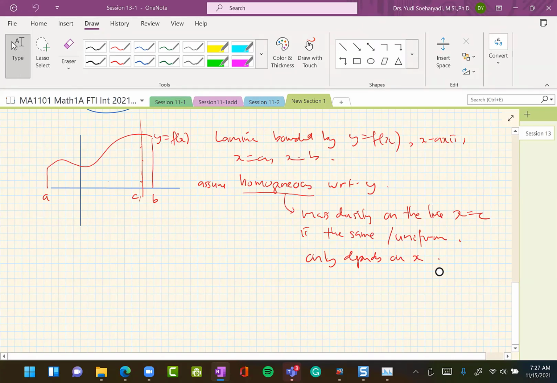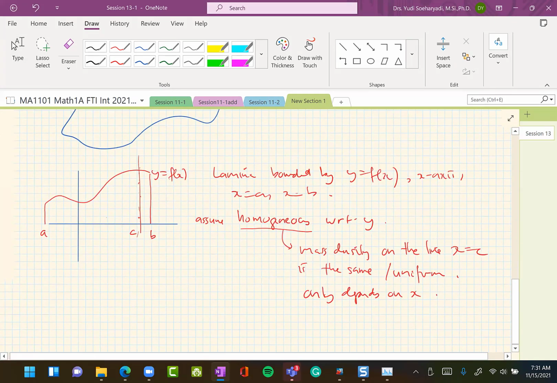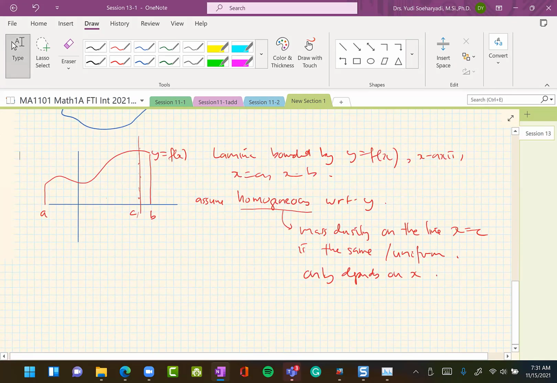Okay, so our objective is to compute the center of mass.